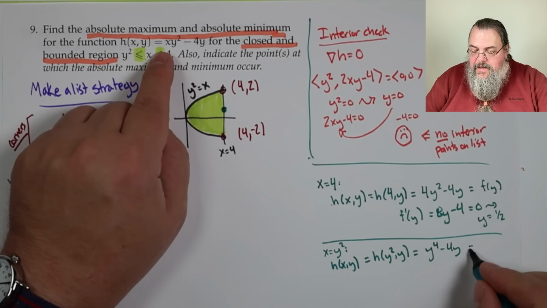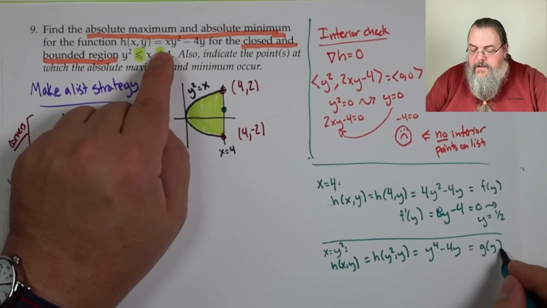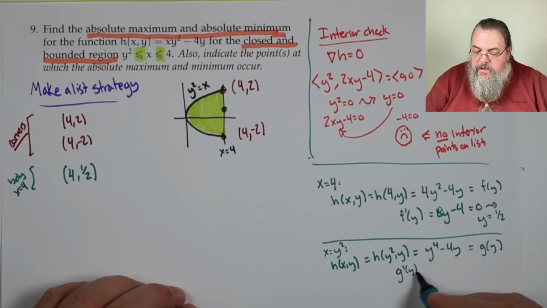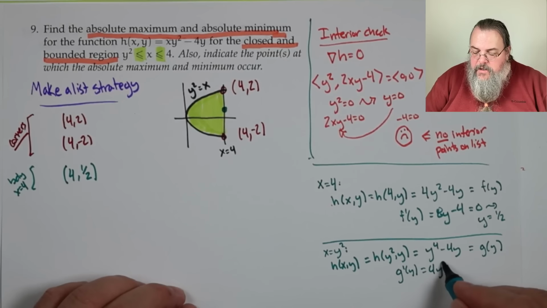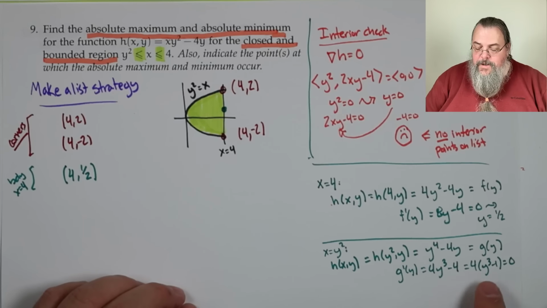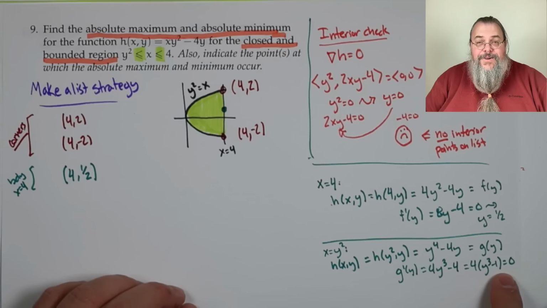So this, again, is some function of y. Take the derivative. What does the derivative look like? Well, that's 4y cubed minus 4, which is 4 times y cubed minus 1. Set that equal to 0. When does y cubed minus 1 equal 0?